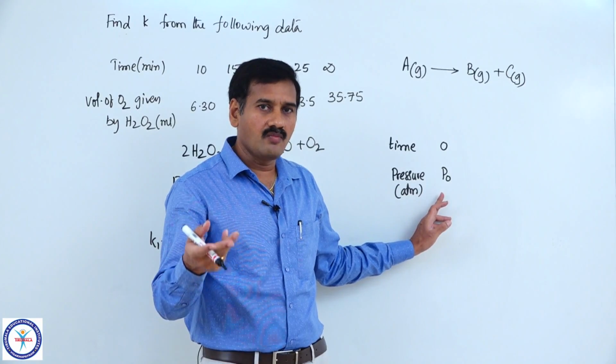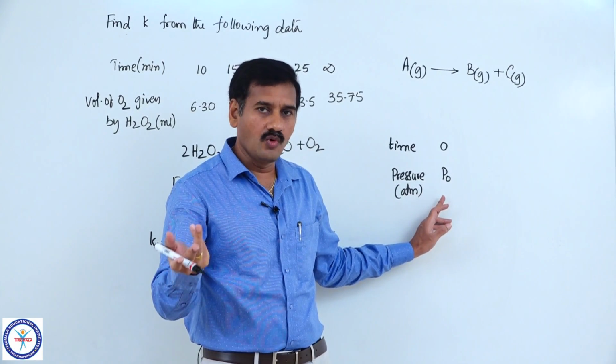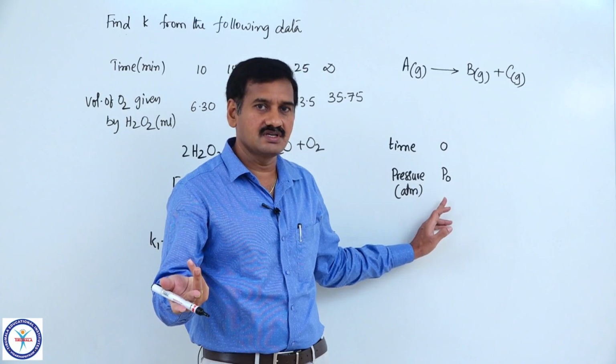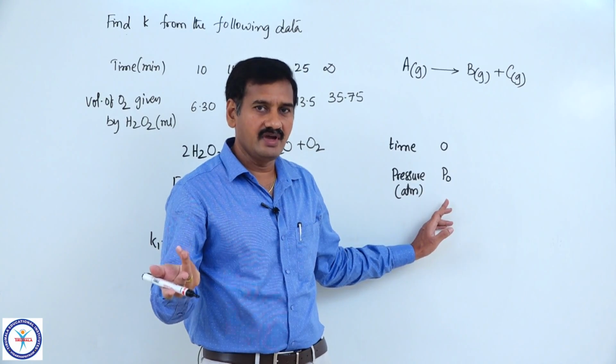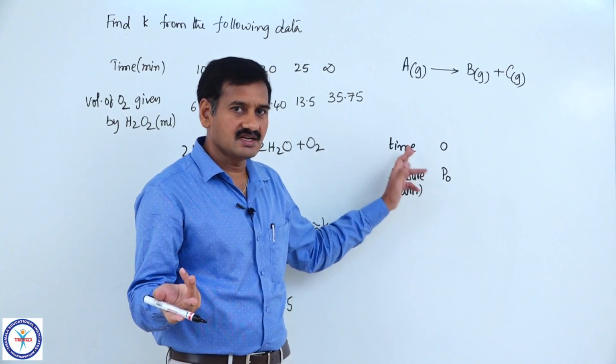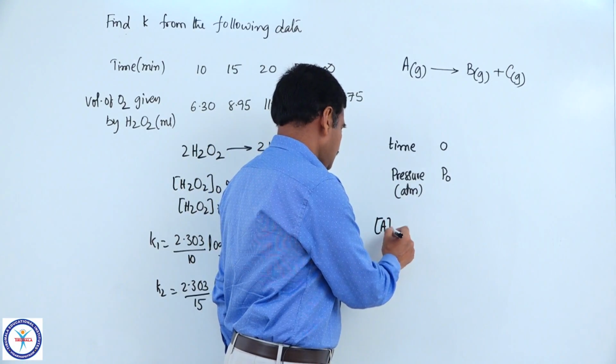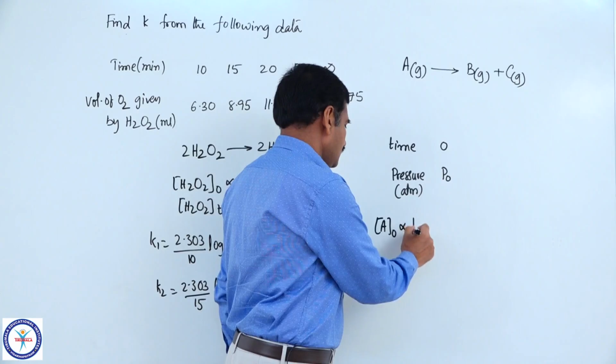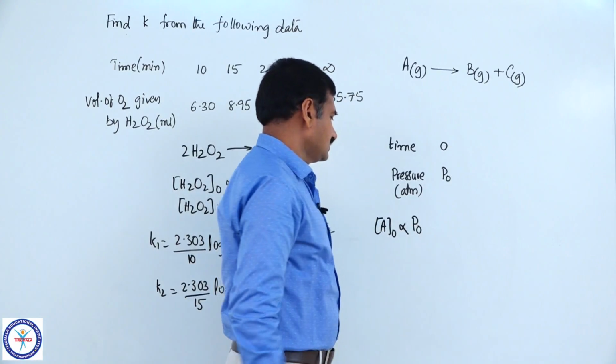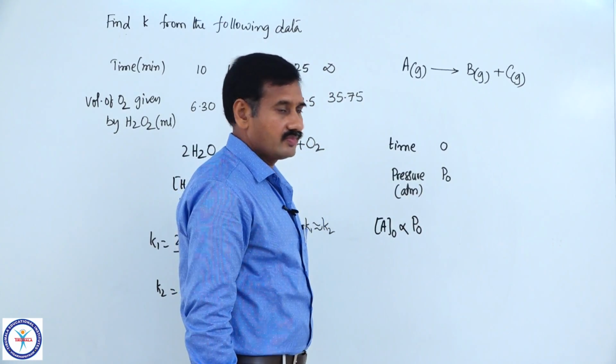If more moles of A are present, the pressure of A will be high. So, the initial concentration of A is proportional to the pressure at time t equal to 0, that is P naught.